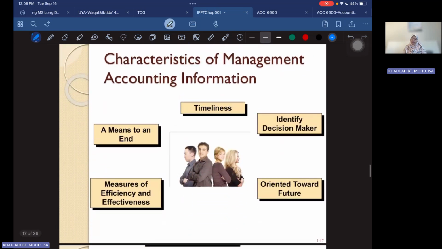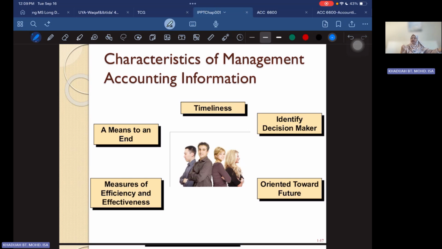So, and then we talk about the characteristics of management accounting. All right, it means to an end, similar. But in this case, the end here, decision makers, are the internal users. Timeliness, because we need to make decisions very quickly, because this information will also affect how we decide how the operation of the company will affect our financial statements that will be used by the external users.